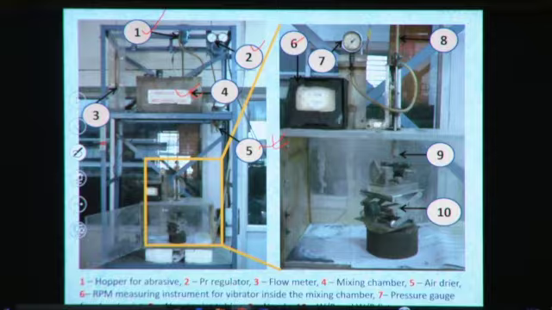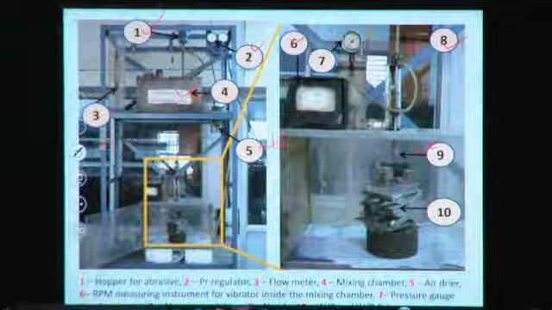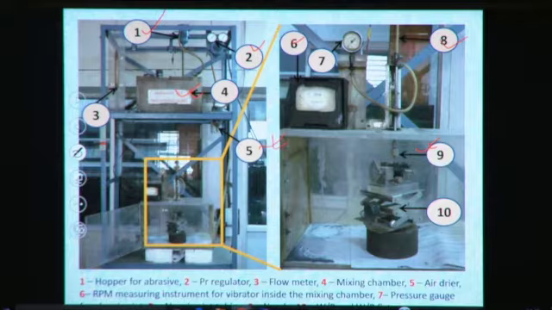In the mixing chamber one vibrator is kept to regulate the flow rate of abrasive. 7 is the pressure gauge again. Now 8 is a connecting pipe, through which the air and abrasives come, 9 is the nozzle here, and 10 is the workpiece holder.